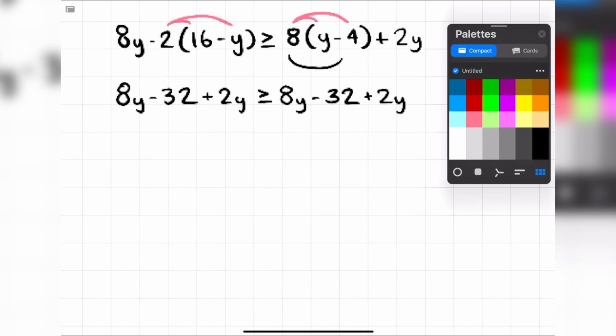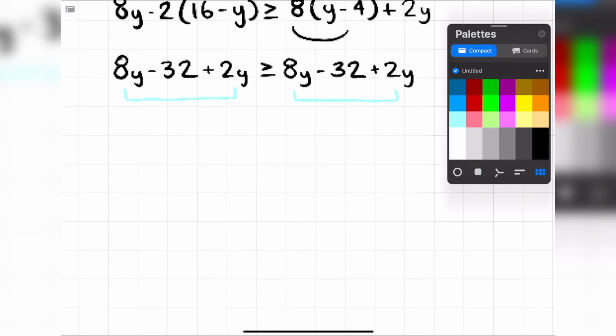Now we can combine like terms. These guys combine and these guys combine. When you put 8y and 2y together, you get 10y. Adding the negative 32 is greater than or equal to, then 8y plus 2y is 10y, and then bring down that negative 32.